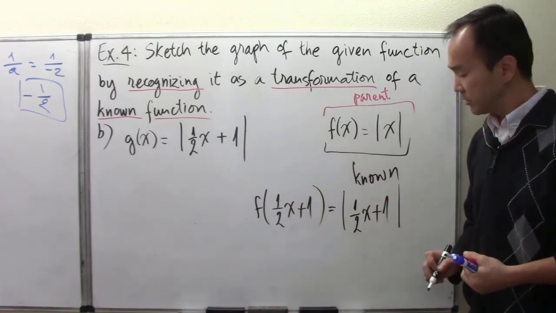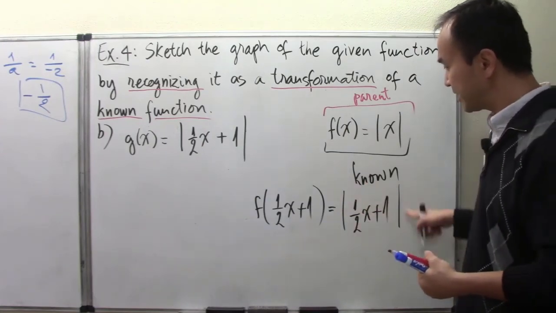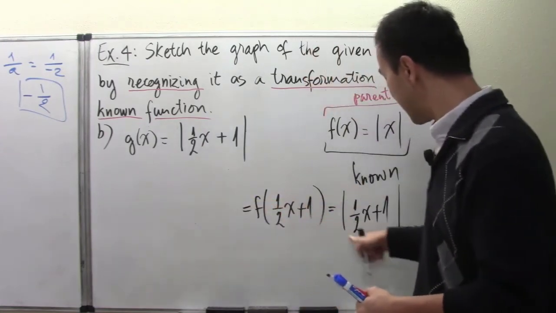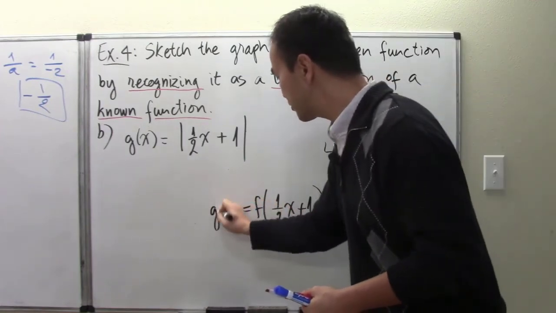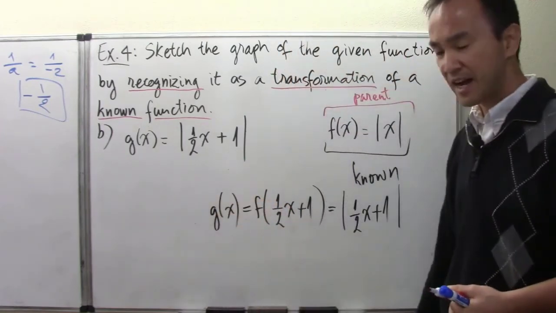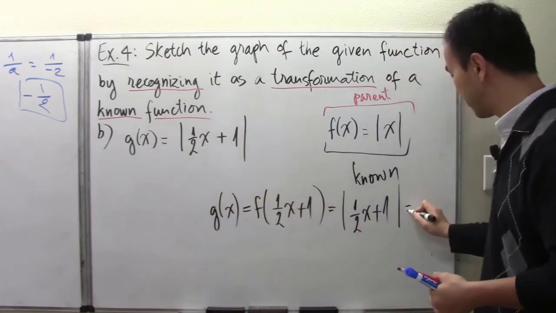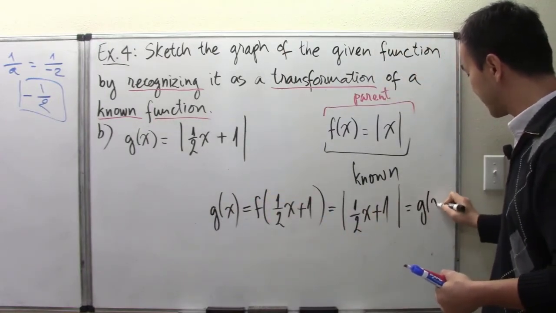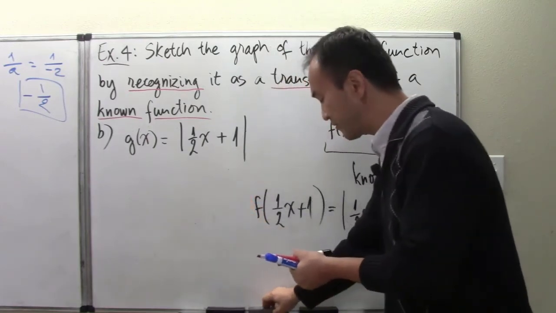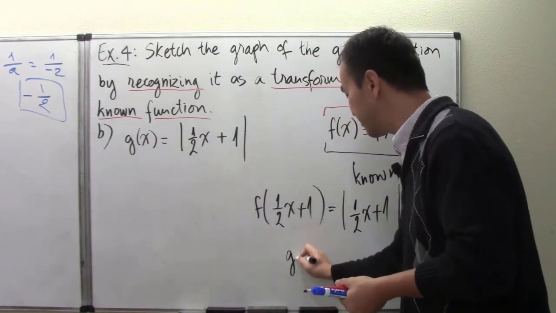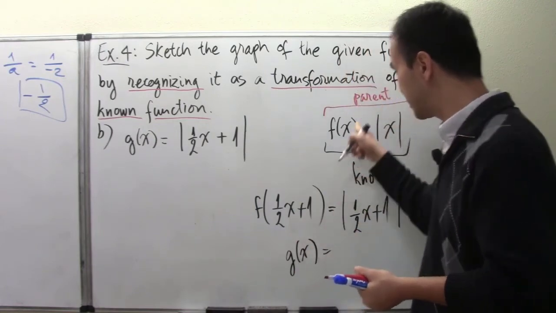Wait a minute. We recognize that the absolute value of all that, 1/2 x plus 1, is actually g of x. So I recognize that this is g of x, and it is related to f of x.